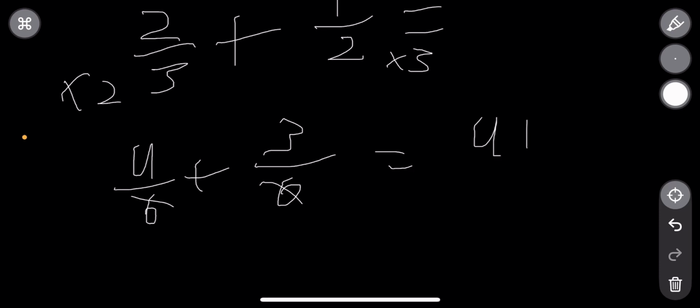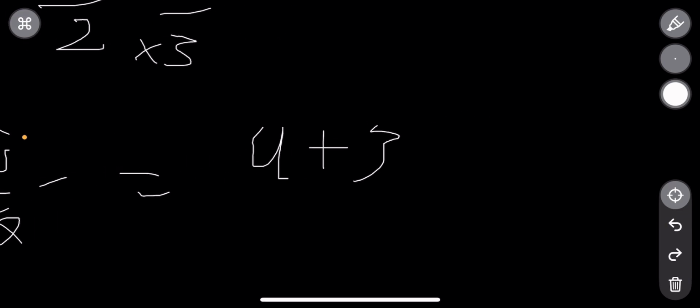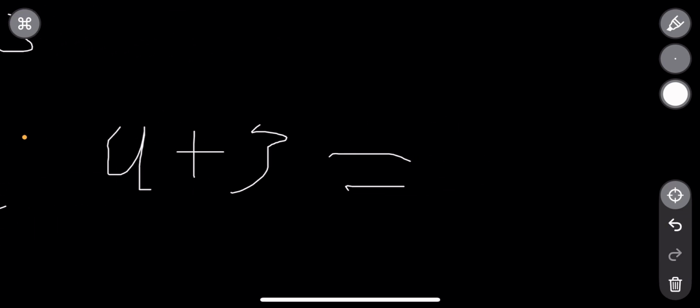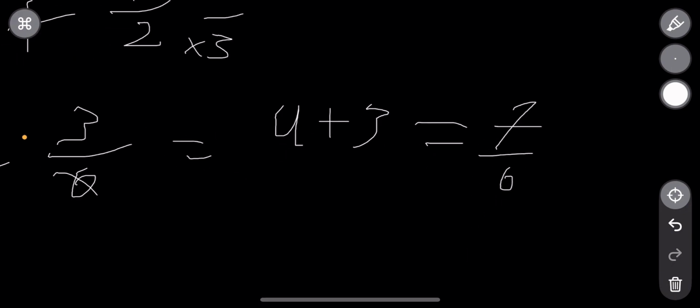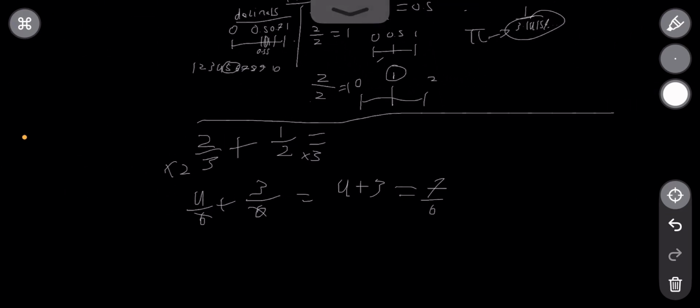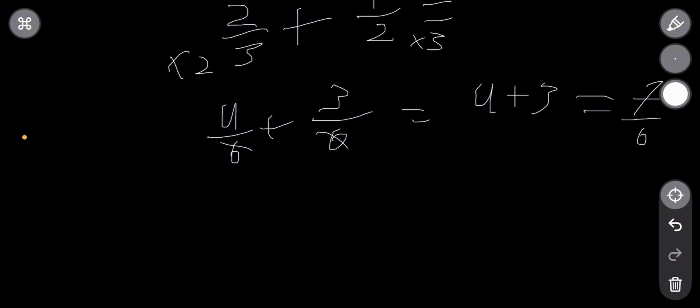That's just basically equal to 4 over 3. I mean, it's still over 6, but just imagine it's 4 over 3, or 4 plus 3, which will give us 7 over 6. Right. So, that's addition.